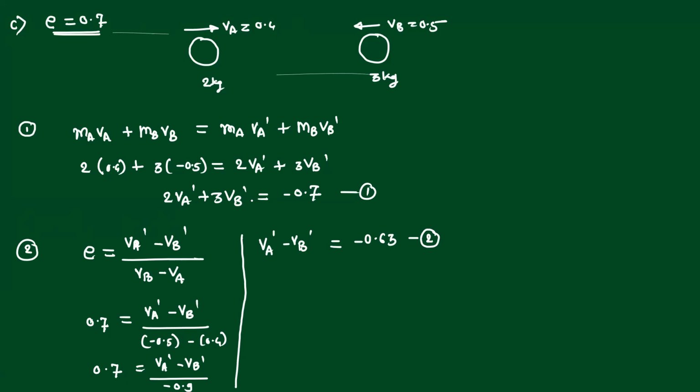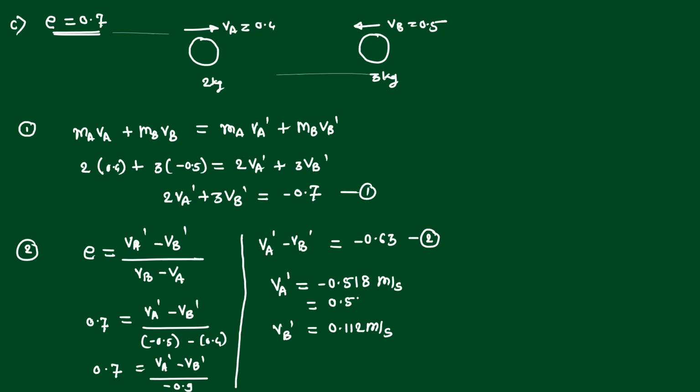Okay. If you solve equation 1 and 2 simultaneously, you will get the answer VA dash is equal to minus 0.518 meter per second and VB dash is equal to 0.112 meter per second. Okay. It means that as the answer for VA dash is negative, the direction of object A will change.